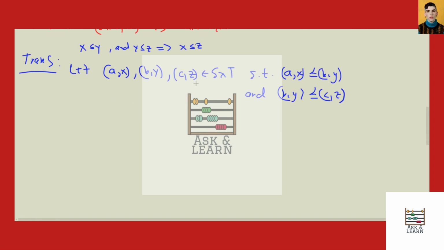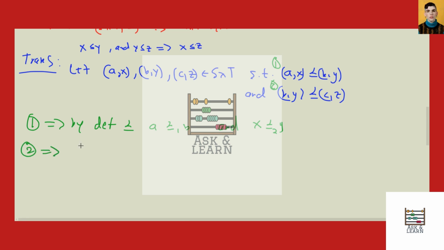All right, well, I'm going to call this statement 1 and this statement 2. Statement 1 implies, by definition of our ordering, that a is less than or equal to b with that first ordering, and x is less than or equal to y with that second ordering.